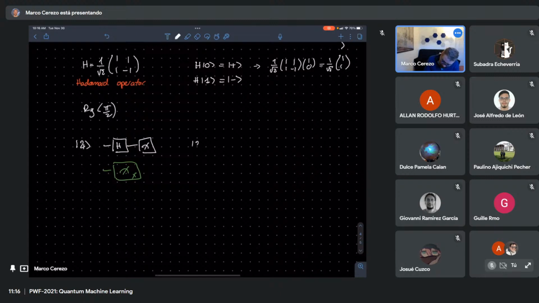So we have psi, and then we send it through the Hadamard. And what it's going to be doing is that it's going to take me to this state right here, plus and minus. And now we can compute the expectation value of Z by projecting onto the eigenbasis that we need to project onto.